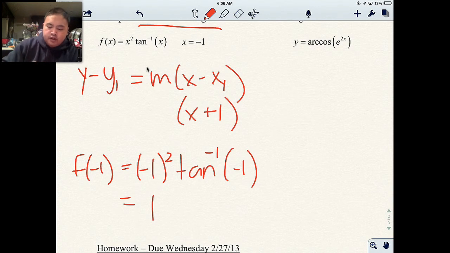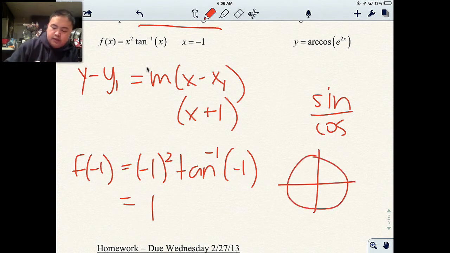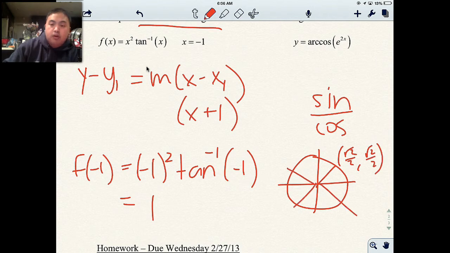Tangent, in case you forgot, is sine over cosine. So basically, on the unit circle, who has the same sine and same cosine, or who has the same x-coordinate and y-coordinate? And I'm not going to go through the details, but for example, it happens at pi over 4 when I have radical 2 over 2. And that continues on all 4 parts of the unit circle.